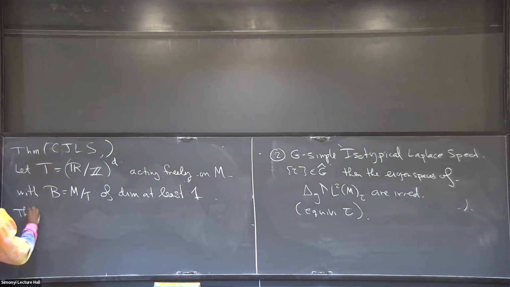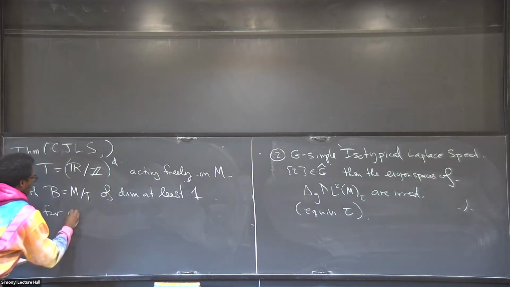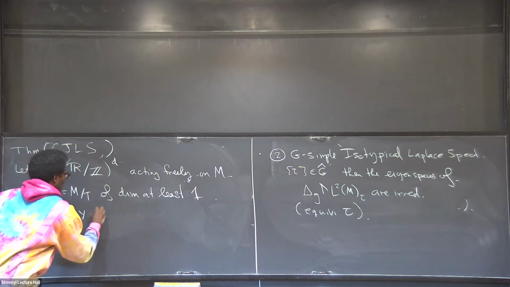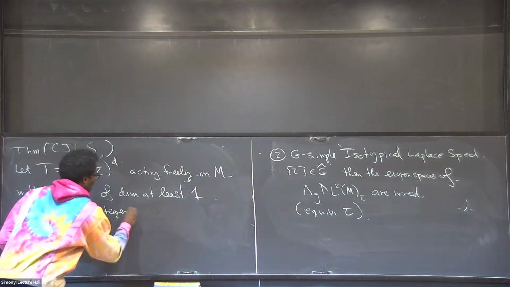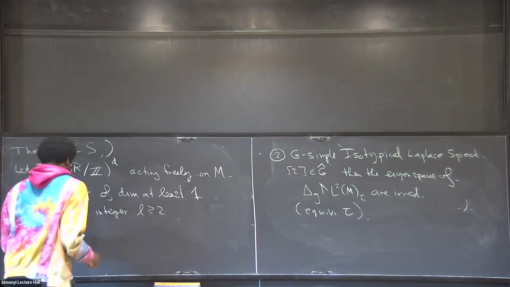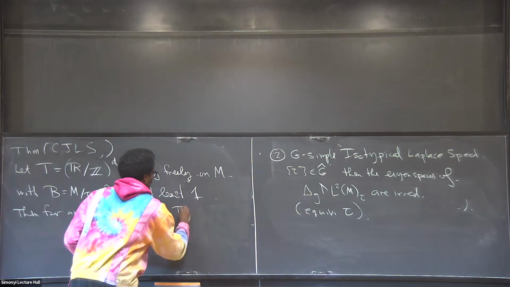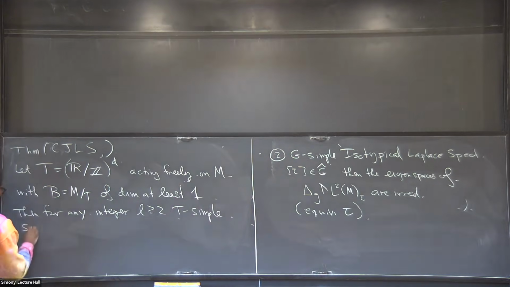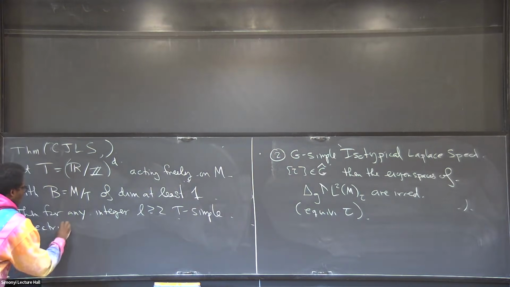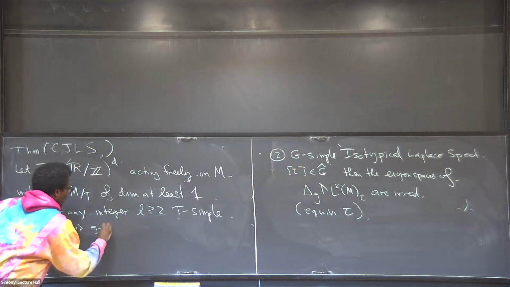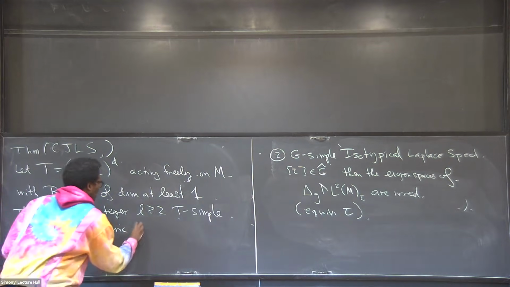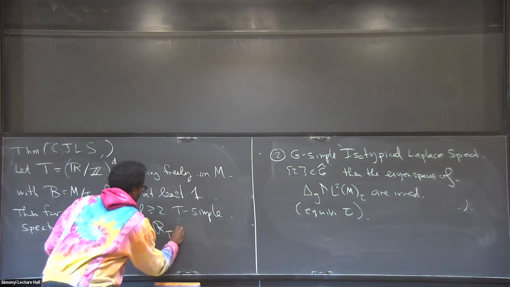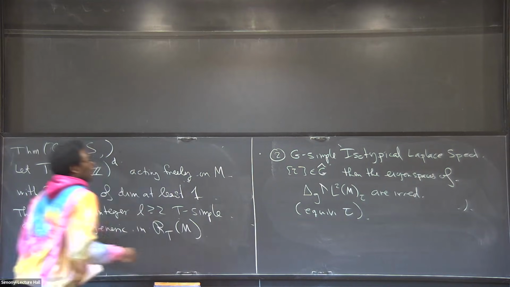Then for any integer L at least 2, T-simple spectrum is generic in the space of T-invariant metrics on M.